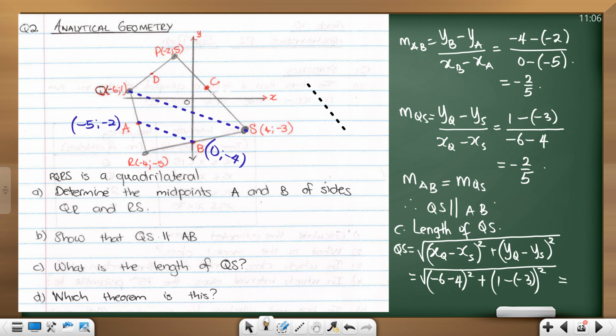Sorry? Square root. How many brackets do I have after negative 3? Two end? Yep, that should be correct. 2 root 29.